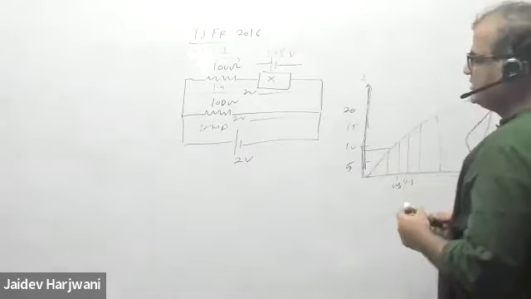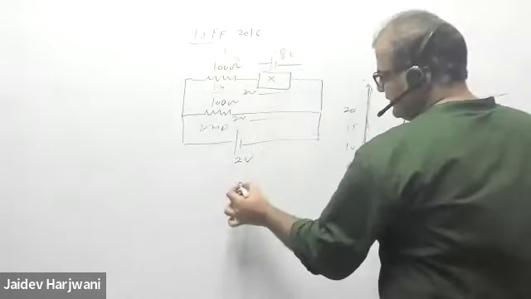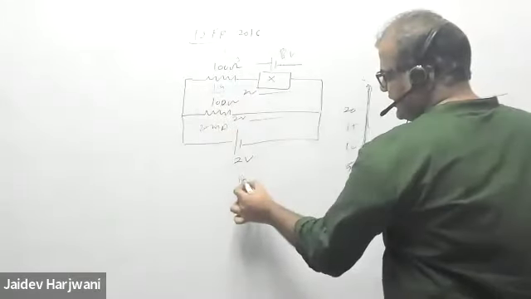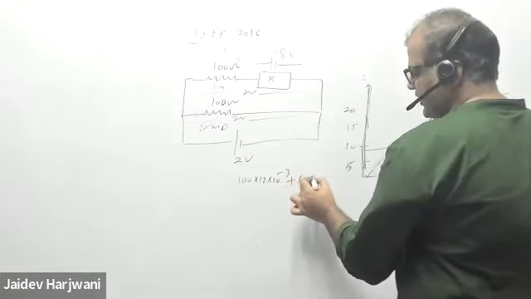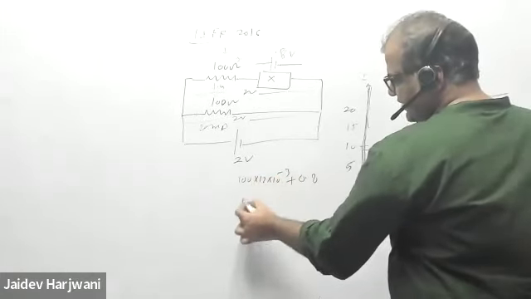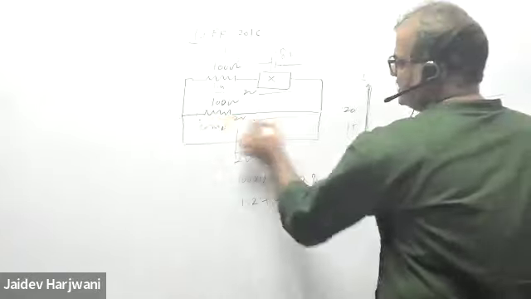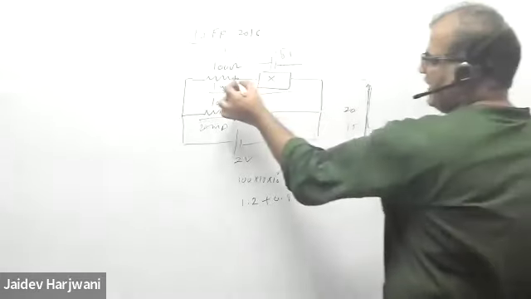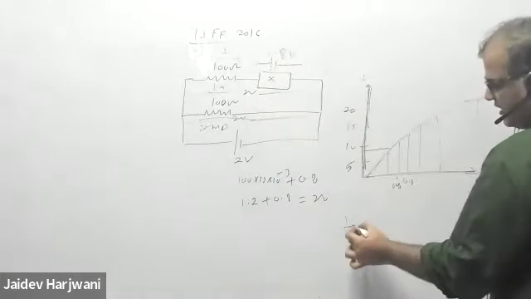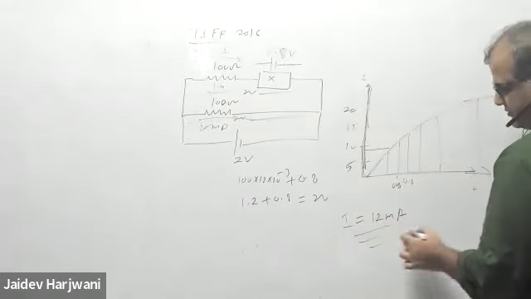So if I say this is 0.8 volt and this is 12 milliampere, total voltage becomes how much? 100 into 12 milliampere plus 0.8 volt. This becomes 2 volt, which satisfies my equation. Okay. So what is the value of I flowing in the circuit? The value of I flowing in the circuit is 12 milliamps.